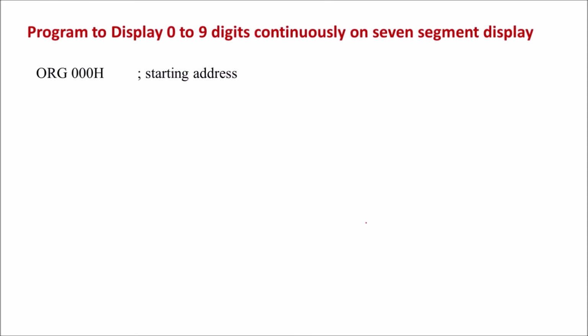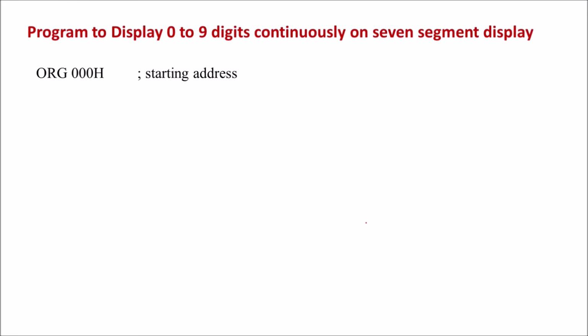But now we'll write a program to display digits 0 to 9 continuously on the 7 segment display. What we'll do is send the 7 segment code of digit 0 to the microcontroller, then call a delay, then send the 7 segment code of digit 1 and call a delay.